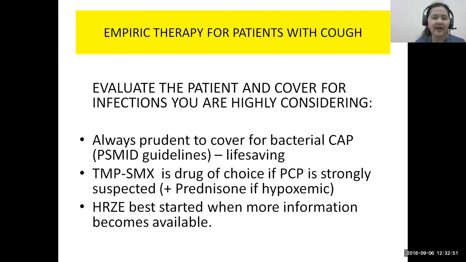If you have hypoxemia like this patient, who surely has hypoxemia since he can no longer walk and is extremely short of breath, it's prudent, in fact a must and life-saving again, to start them on steroids, whether tablet like prednisone, or hydrocortisone if they can't take oral meds.